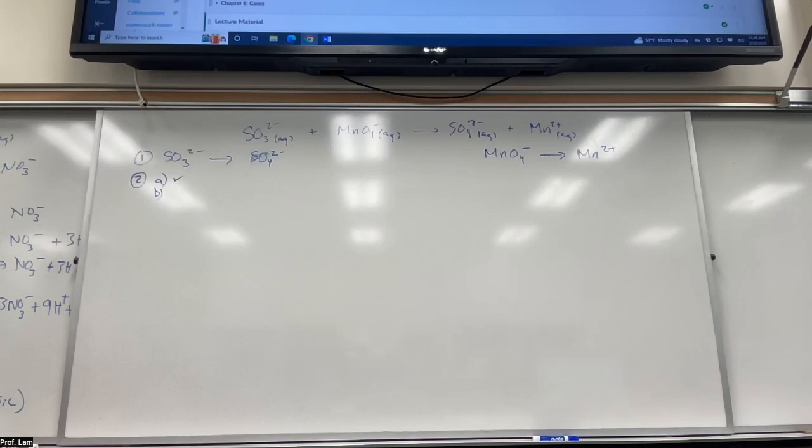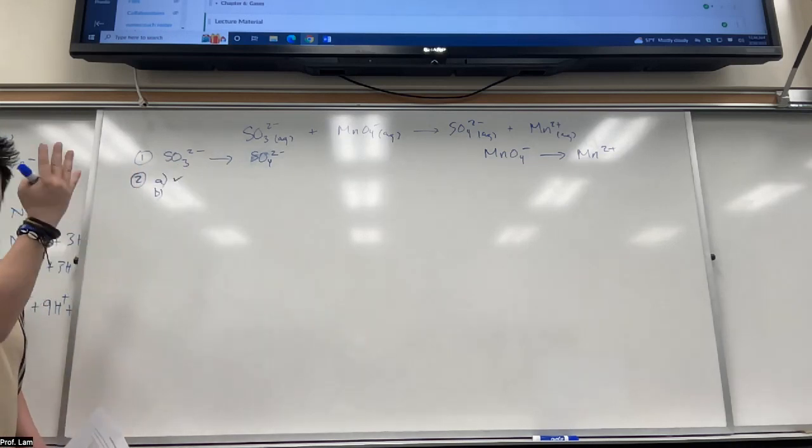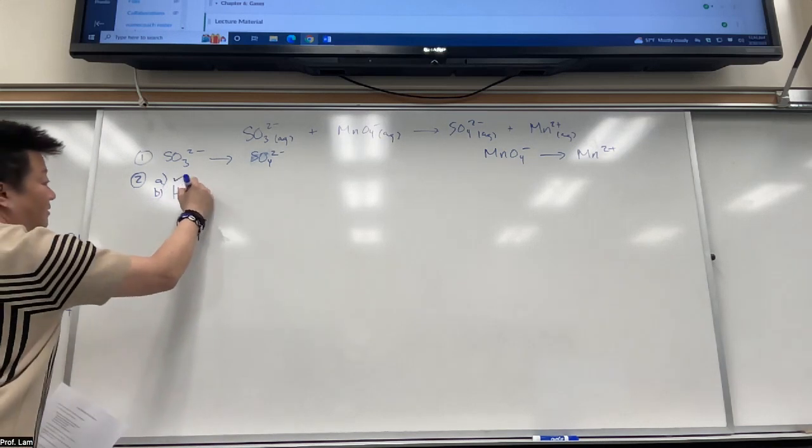So where should you put water and how many? Which side should you add water? To balance the oxygens, right? Okay, and how many? Why? Because you already have 3, and you only need how many? Just 1, so you have 4.